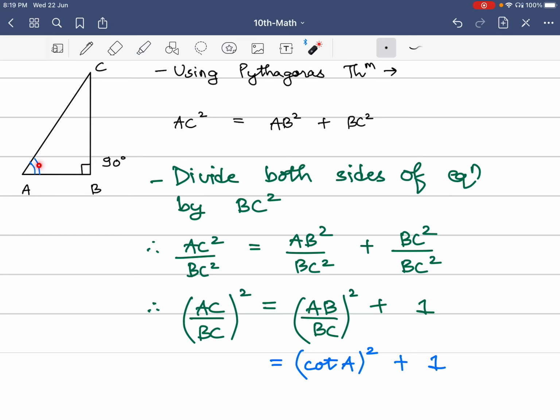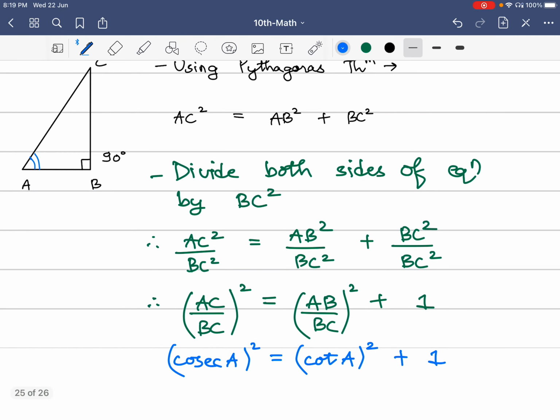So sine A is opposite upon hypotenuse, so 1 upon sine A is equal to cosec A. So I'm going to write here cosec A the whole square is equal to cot A square plus 1. And thus we have got our third identity, identity number 3.